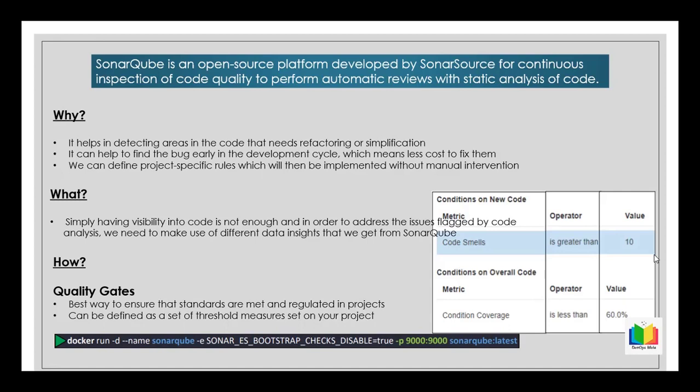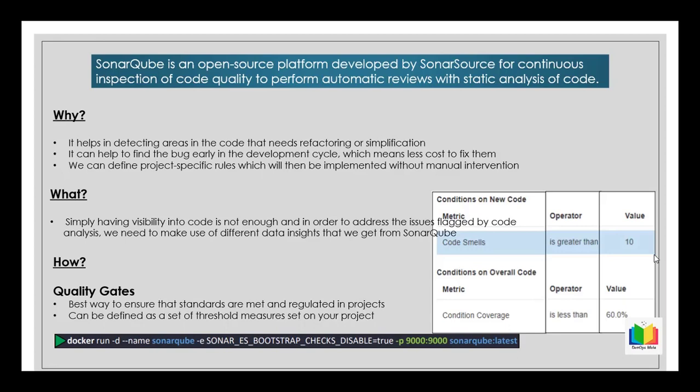Why do we need SonarQube? It helps in detecting areas in the code that need refactoring or simplification. It will automatically detect those parts for you. It can help to find bugs early in the development lifecycle, which means less cost to fix them. When you're developing your application, at that time itself it will find bugs and give you an error stating this is the bug, which can be reused, which can be changed.